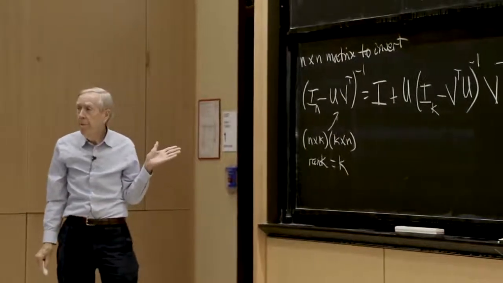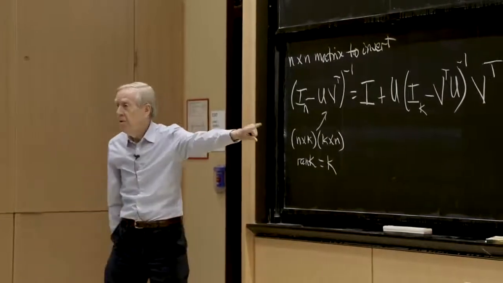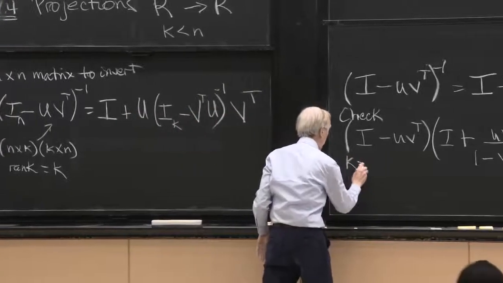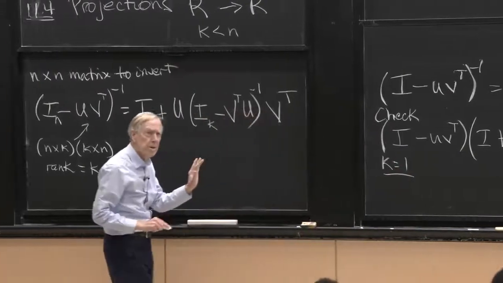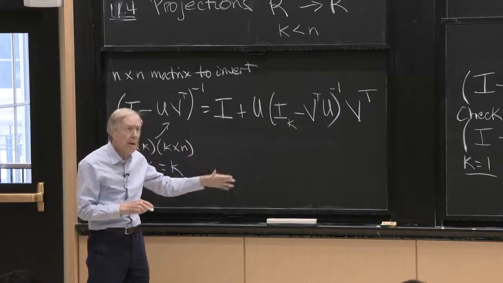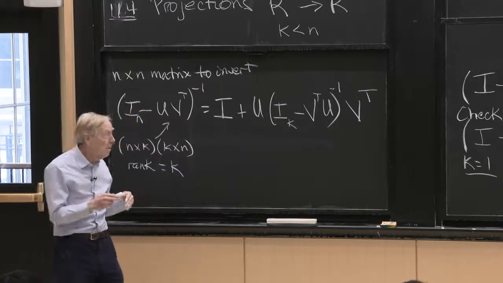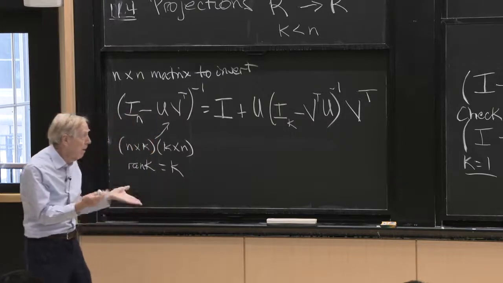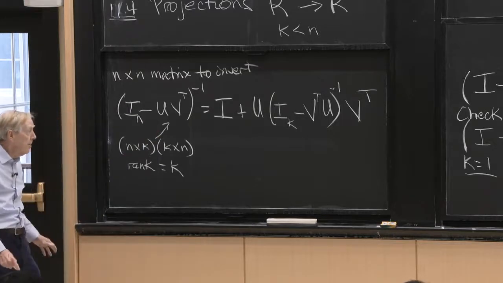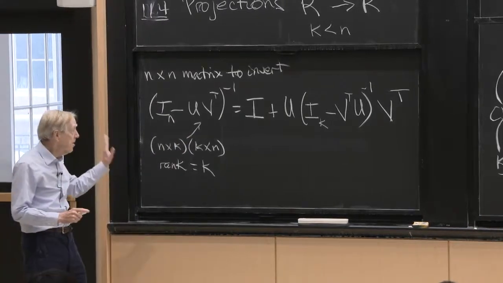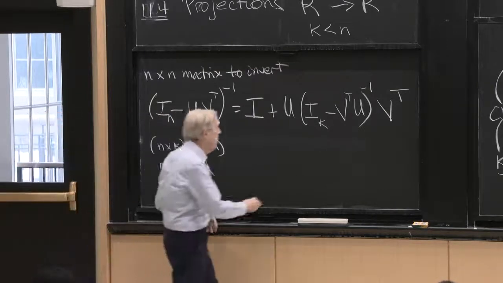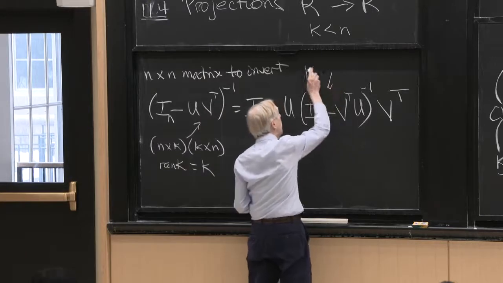I put this one up. This one now has made that one obsolete, right? This was the case k equals 1 over here. But I think it helps to see it. It certainly helps me to see the formula first for a rank 1 perturbation, which is a very likely possibility, and then see that we have a totally analogous formula. Shall we? It's sort of fun to check it. So I plan to do the same check. But I'll just notice here that I have a k by k inverse.